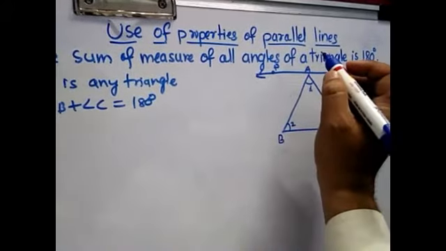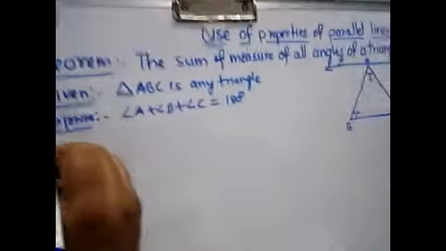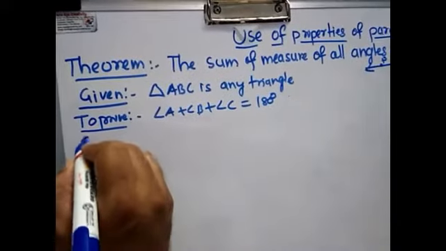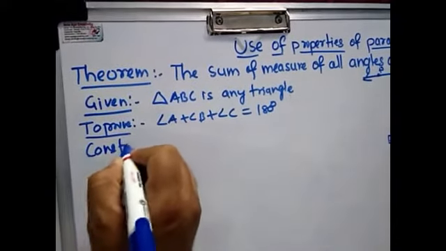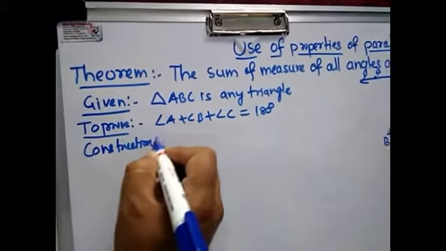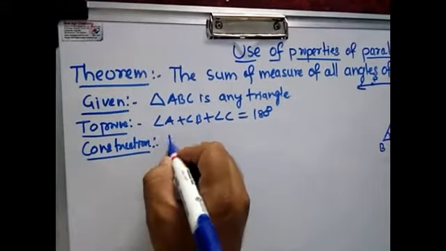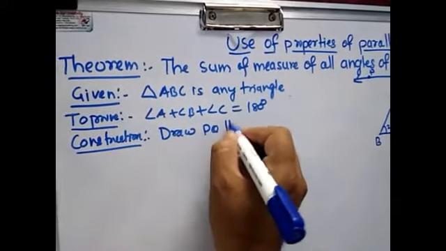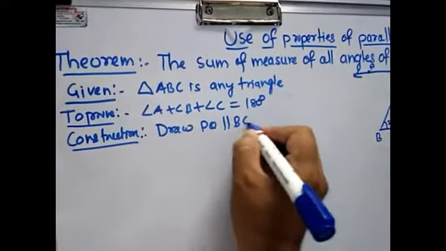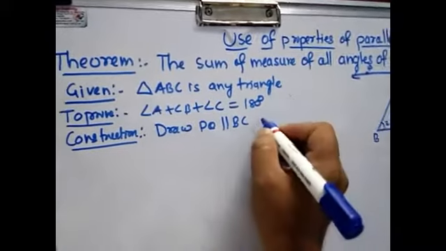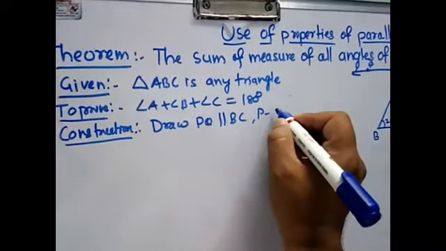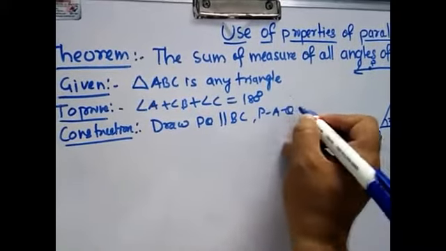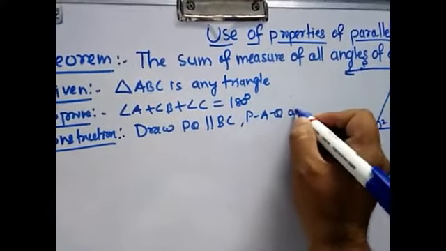Write down here construction: draw PQ parallel to BC, and P, A, Q are collinear.